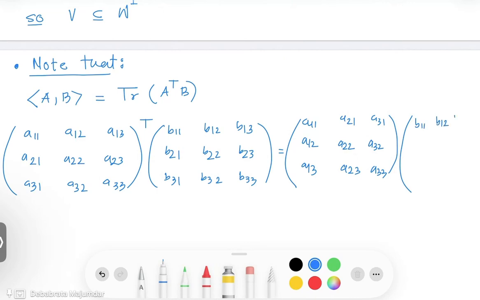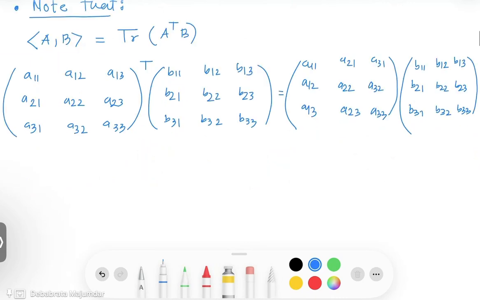B11, B12, B13, B21, B22, B23, B31, B32, B33. So I am writing only the diagonal elements because I want only the trace. So what is the trace? Just observe the diagonal elements. This into this. What will be the first element? A11 B11, A21 B21, A31 B31.